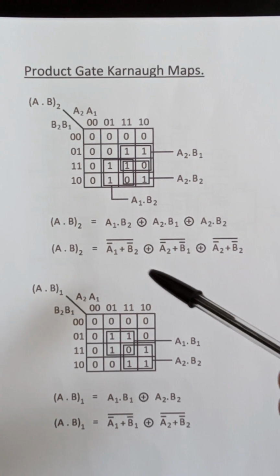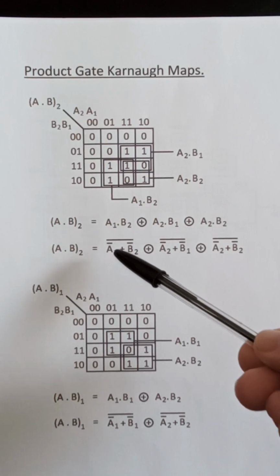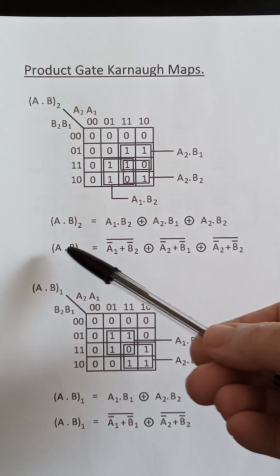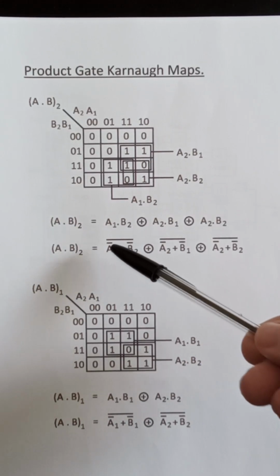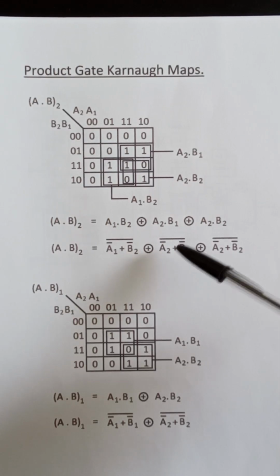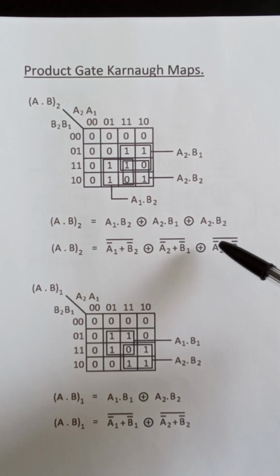So it's just De Morgan's theorem to convert the AND into NOR. So A times B2 equals not A1 NOR not B2, exclusive OR, not A2 NOR not B1, exclusive OR, not A2 NOR not B2.